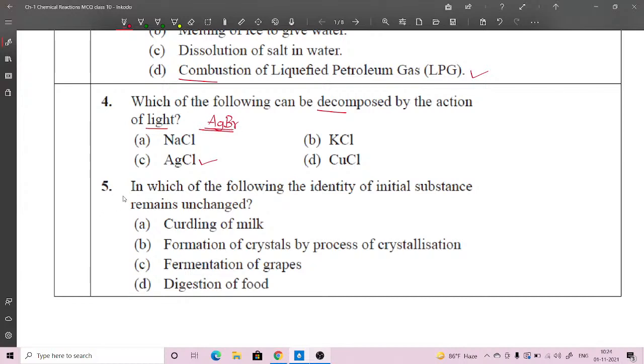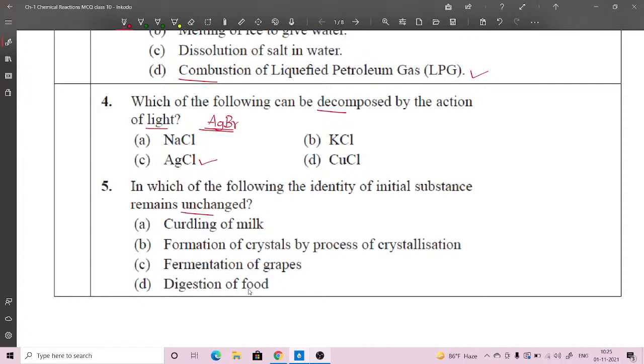Now, question number 5. In which of the following does the identity of the initial substance remain unchanged? That means in which of the following statements the initial substances are not going to undergo any change. Option A, curdling of milk; formation of crystals by the process of crystallization; fermentation of grapes; or digestion of food.